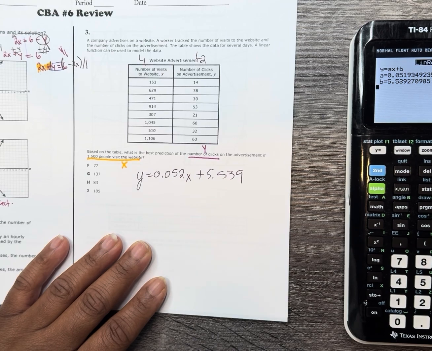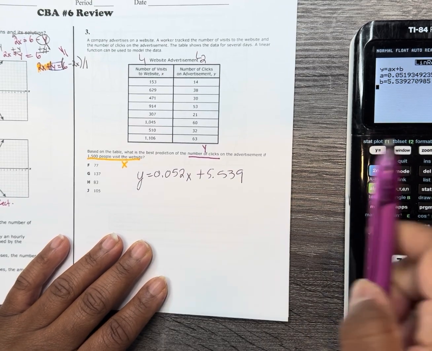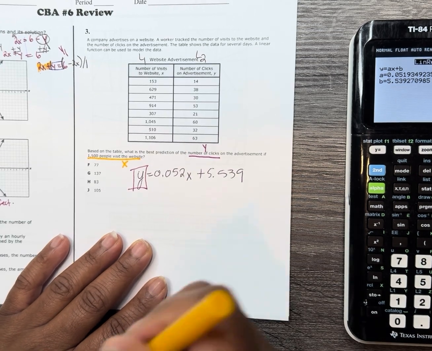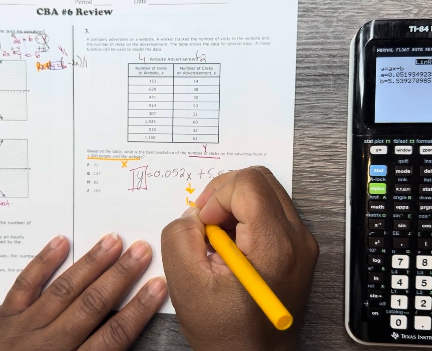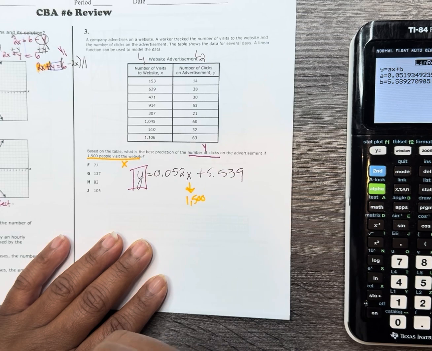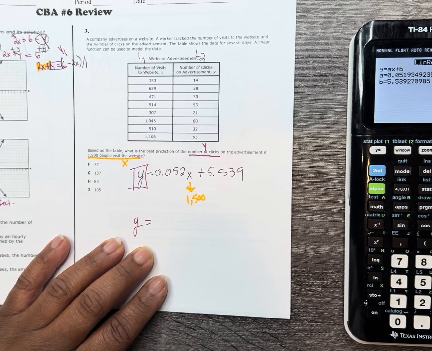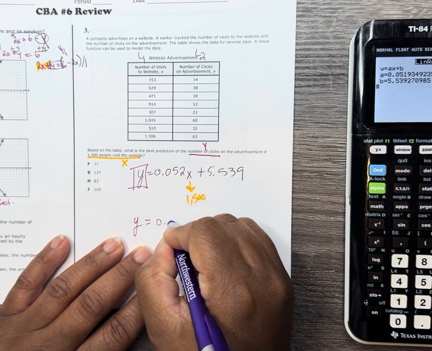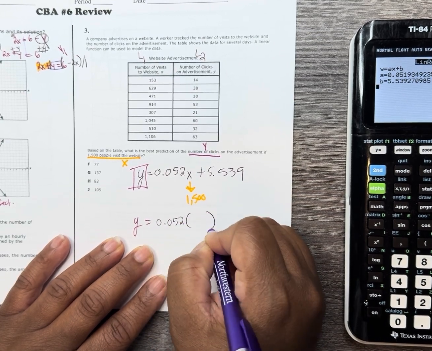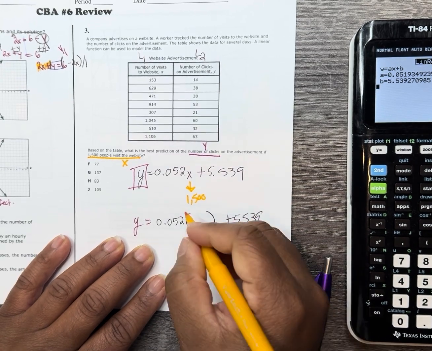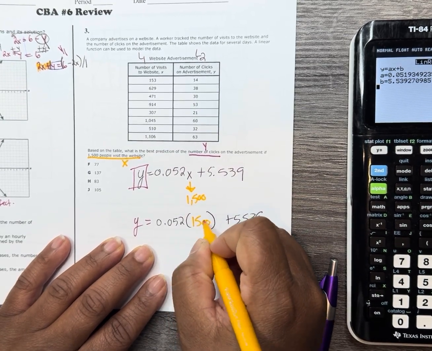Okay, now it said it wants Y when X is 1,500. So this is actually going to require a little bit of substitution. What is Y given 0.052 and then plug in 1,500? Now you could do this a couple of ways.